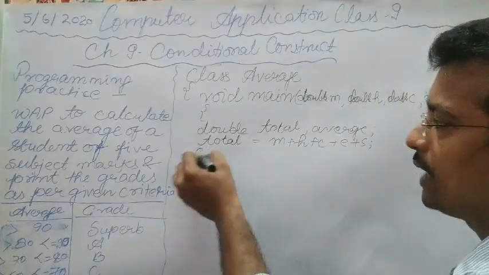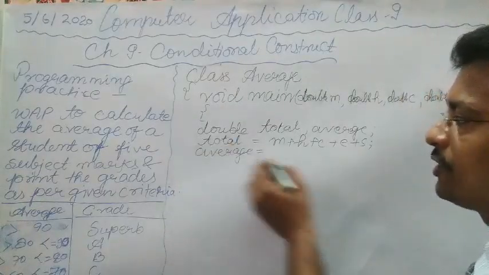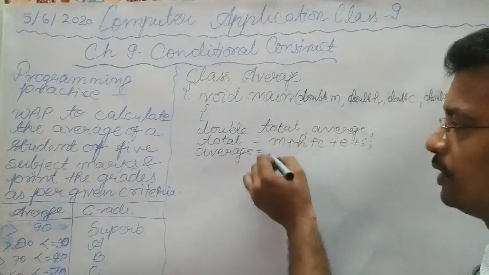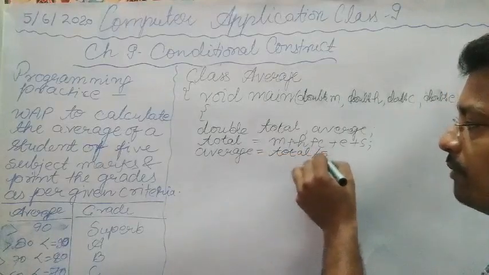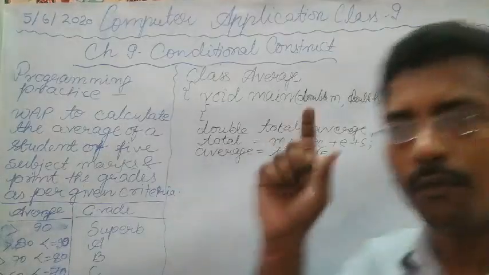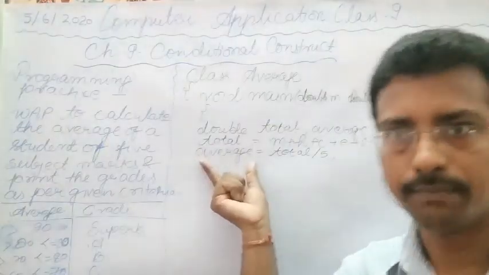After that we will calculate average. For average, what is the formula? Total divided by total number of subjects. So this way the average value of all 5 subject marks will be stored in the average variable.